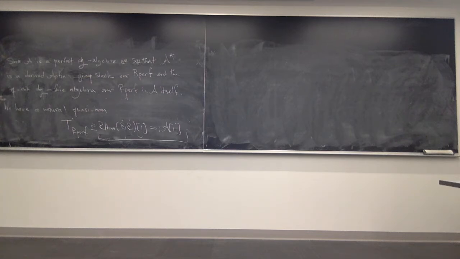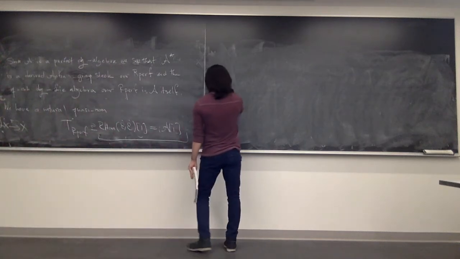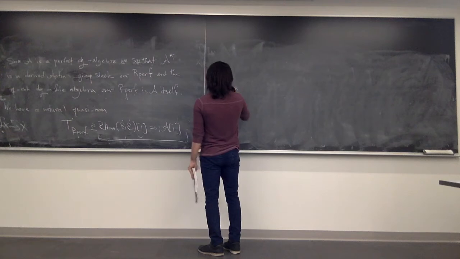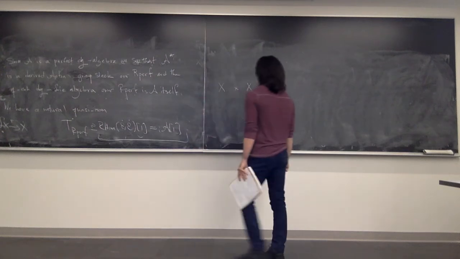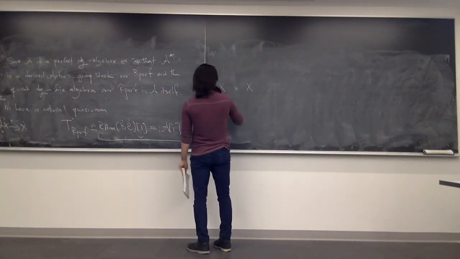So this one was x tensored with x over its diagonal. So what do you do?